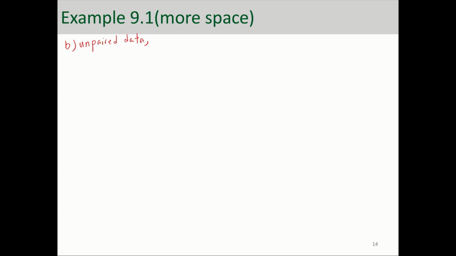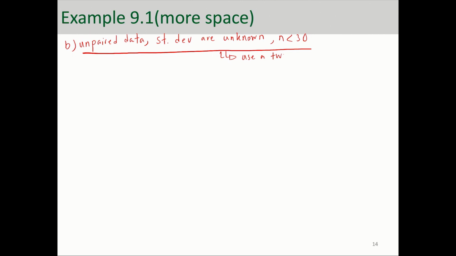Standard deviations are unknown. And n is less than 30. So given all of these, what we do is use a two-sample t-test.